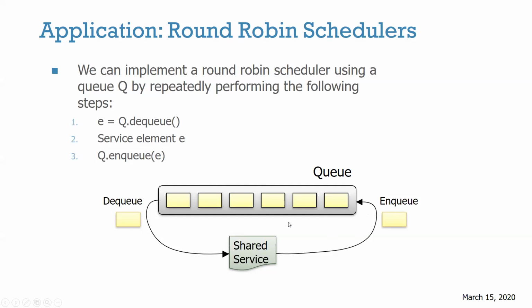So forever we have, this is the maximum number of services in this queue, and repetition for each one, DQ and NQ, the same services. So this is the implementation for round robin scheduler using a queue by repeatedly performing these steps: DQ the service element E, and then NQ again this service to the buffer.